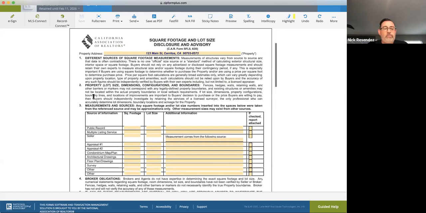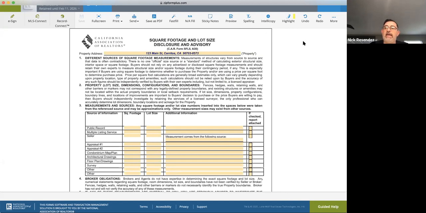So it's stating on here, hey, buyer, if you have a concern or you're buying a property based on the size of the property, either the square footage for living or the lot size, then you should hire somebody to investigate the actual size on your own.